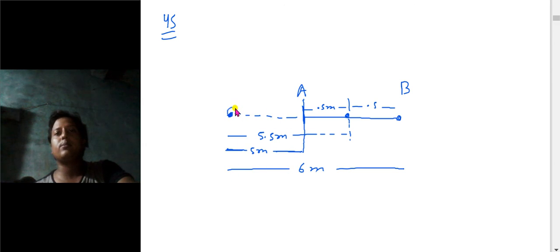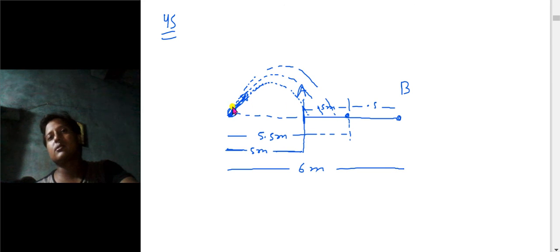Apple has to be thrown in such a way that it reaches in the boat. There may be many possible angles for which apple can reach in the boat.